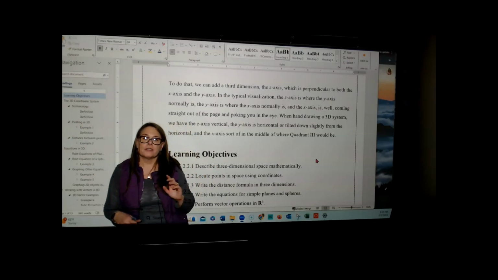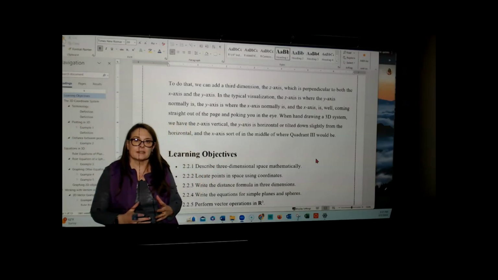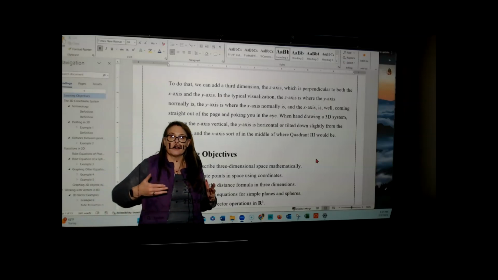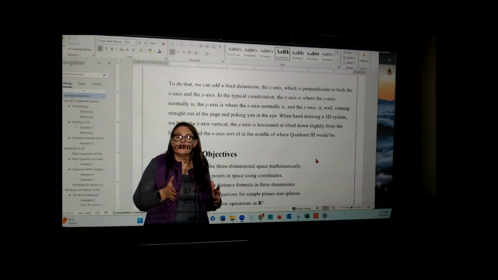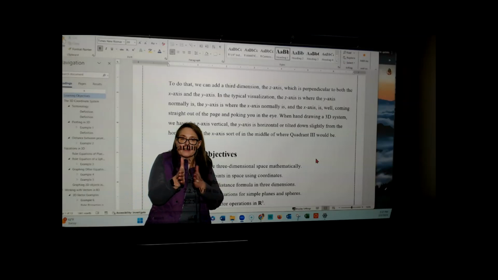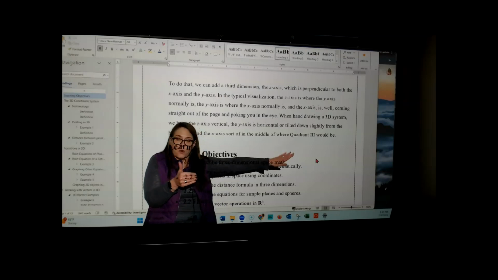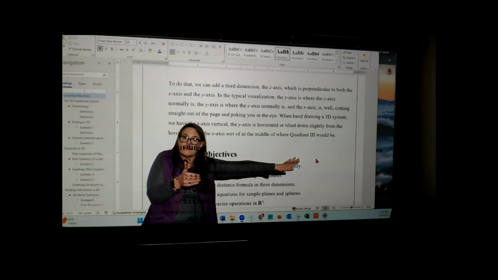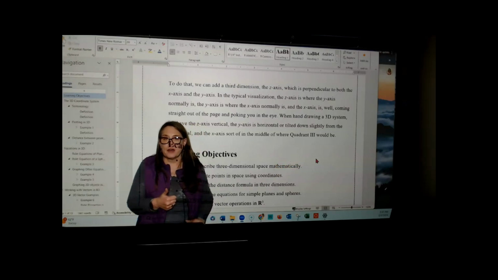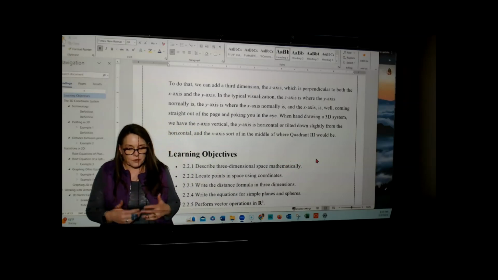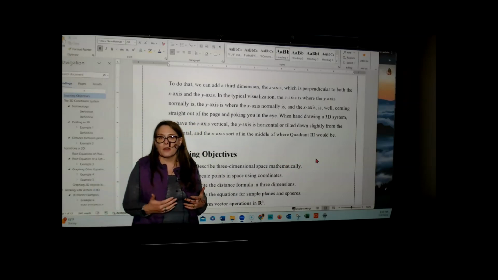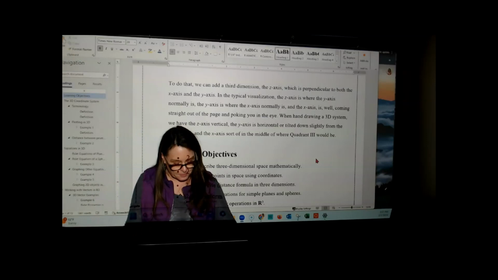And we often call this a right-hand coordinate system because we can place our right hand into the direction of positive x, which would be straight out of the board, and curl our fingers in the direction of positive y, which is where the positive x in a 2-dimensional system is. And when we do, our thumb points in the direction of the positive z-axis. So in that sense, it is a right-hand coordinate system.